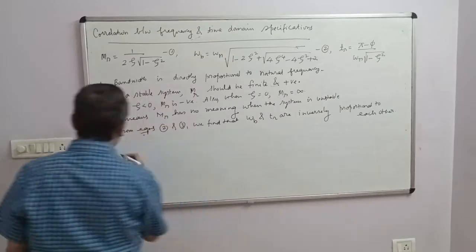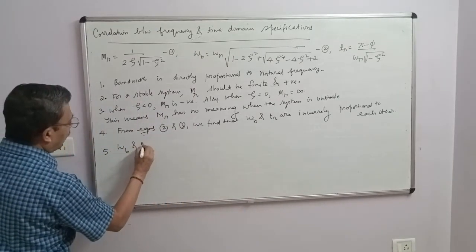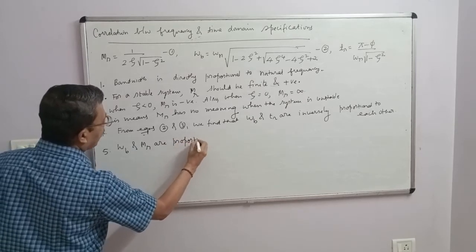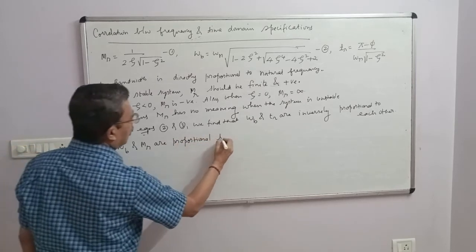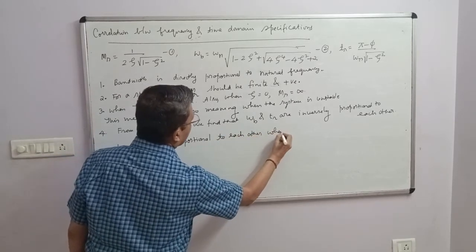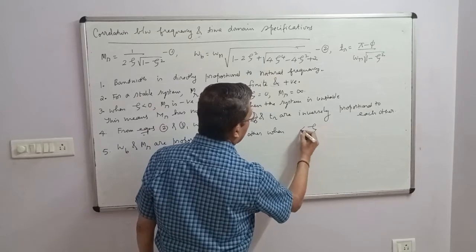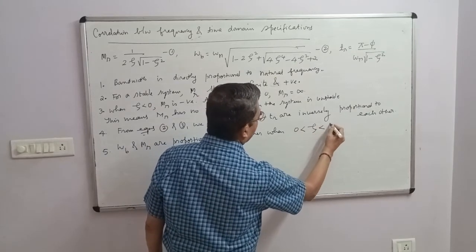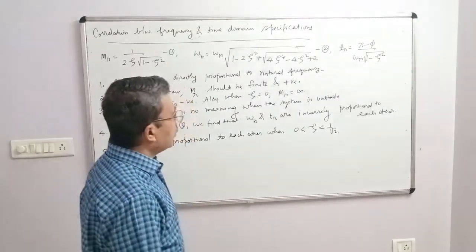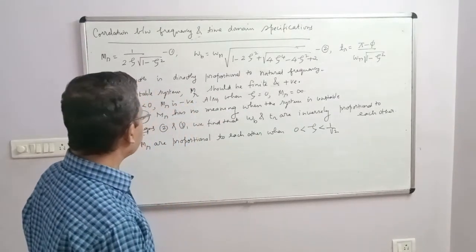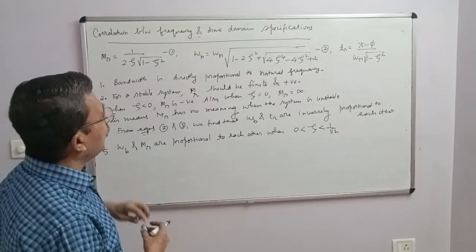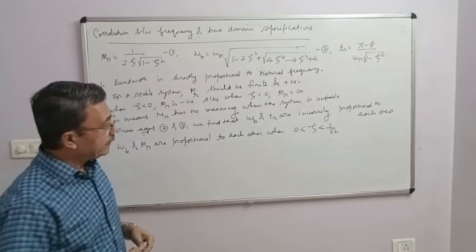So I am going to write omega b and MR are proportional to each other when zeta is greater than 0, less than 1 by root 2. This is the correlation between frequency domain and time domain specifications.